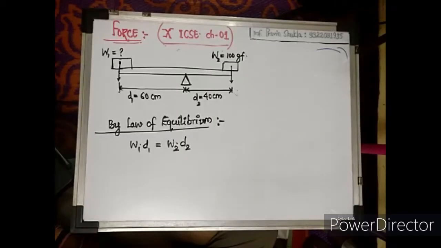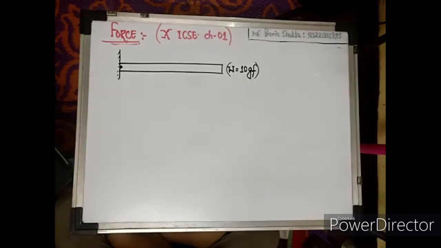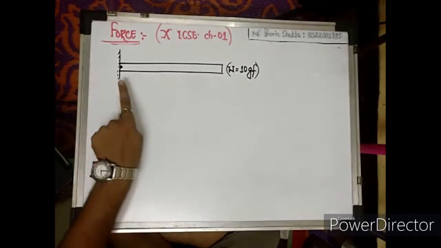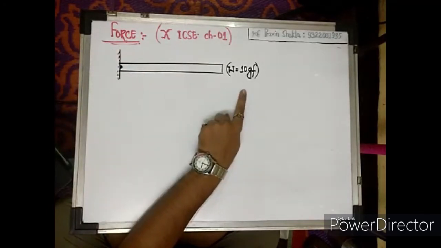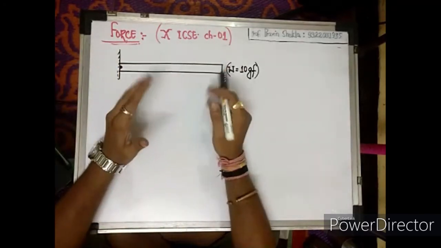Okay, so let's see. I'll just draw the diagram in front of you. This is the rod pivoted at this end. It weighs around 10 grams, so its weight must be acting down.